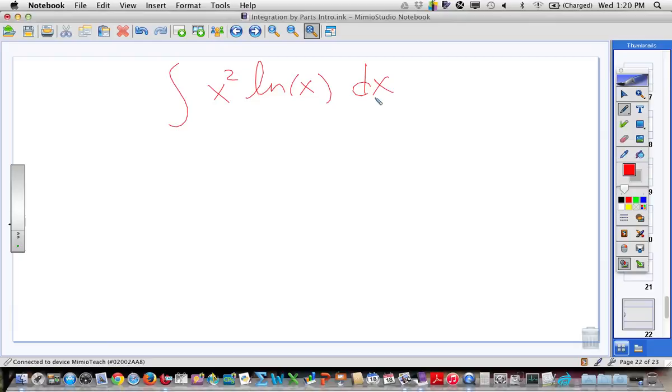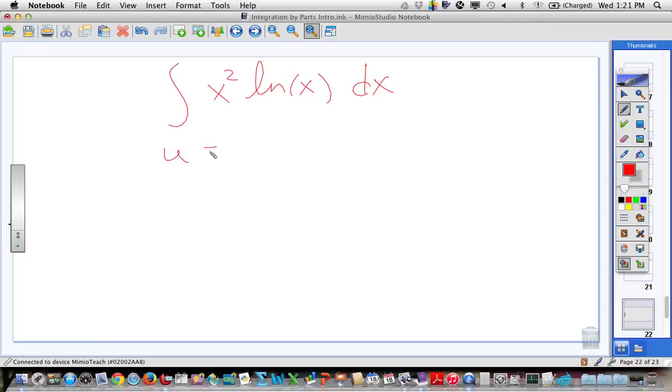There's nothing on the inside where you could let u be that and things would work nice. So that's a real big hint that it's this thing. Now, to be honest, when you're doing your homework, there's going to be even a bigger hint, and that is if you're in the section of the book that's integration by parts, that's what it's going to be. If you're in the packet, it's all substitution. Okay? So you're going to kind of know, but hopefully you're thinking about that as you go.